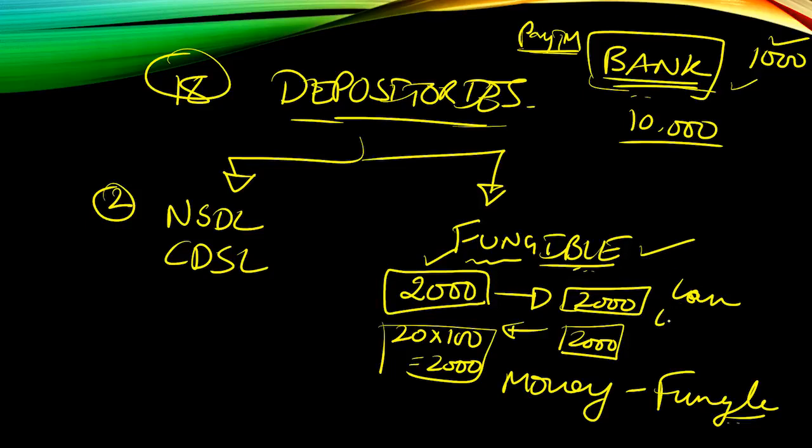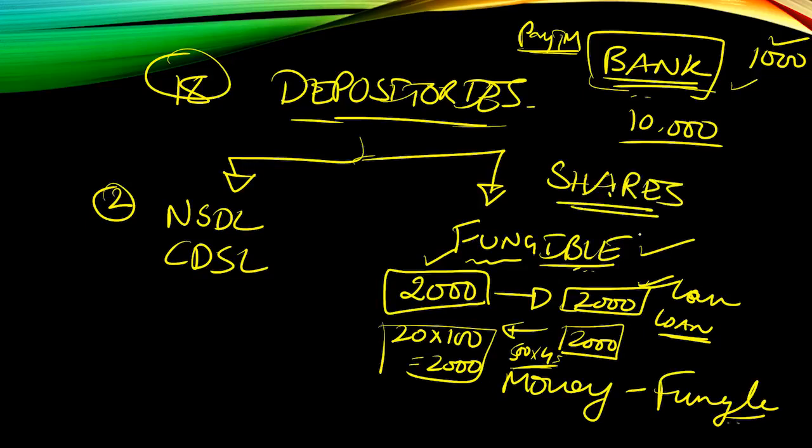When you repay the loan, you don't have to give the same 2000 rupees note which I gave you. You can give me 20 notes of 100 rupees, or you can give me 4 notes of 500 rupees, whatever you can do, correct? In depositories also, similarly, the shares are fungible. Shares are fungible, they don't have a unique number, they're interchangeable.